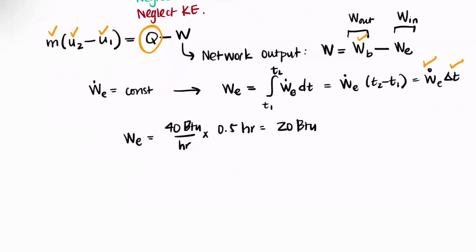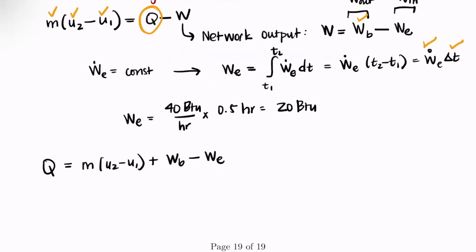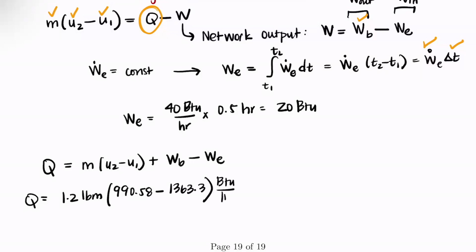So now we're just going to solve for heat transfer. So we have Q is equal to M times U2 minus U1 plus WB minus WE. Okay. So plugging in the values that we have, we have 1.2 pounds of mass times 990.58 minus 1363.3 BTU per pound of mass.